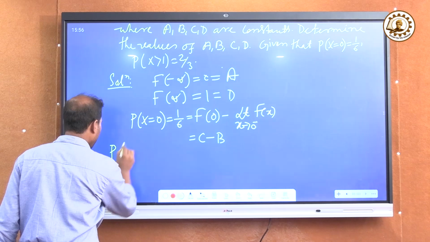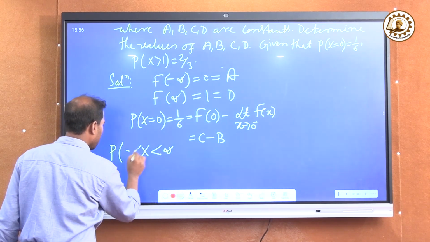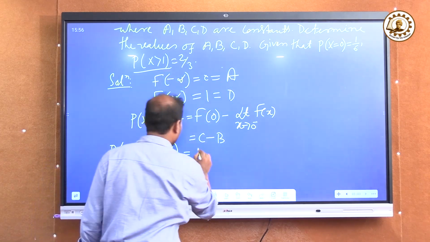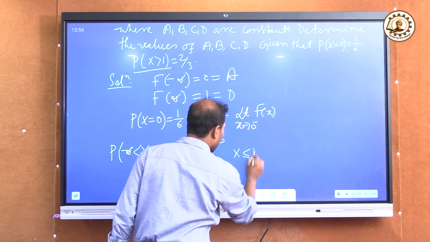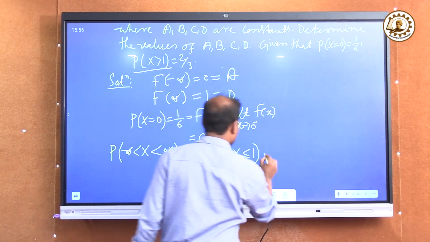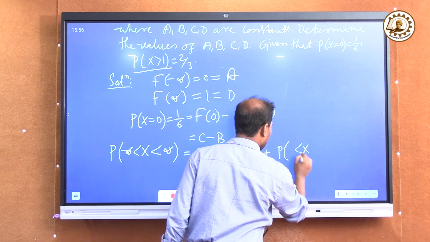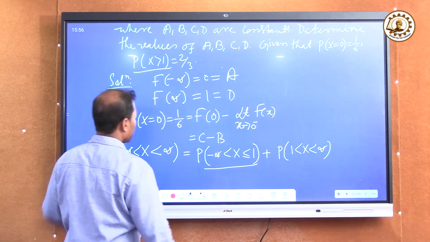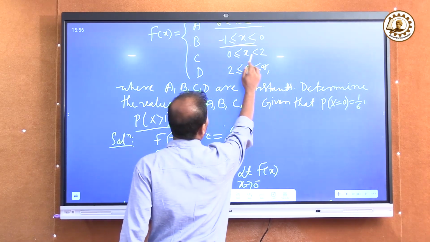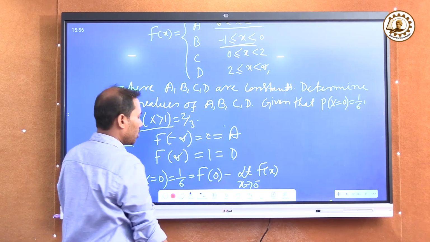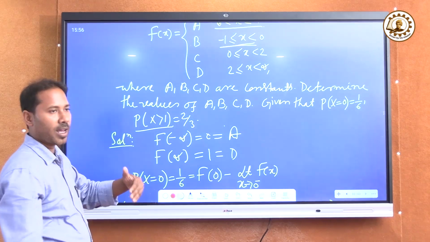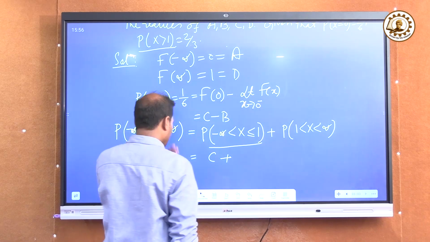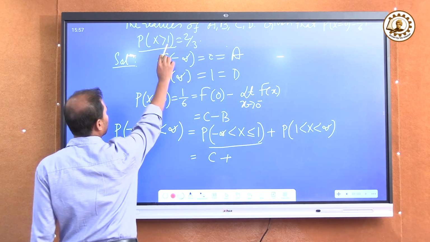Again, we can use another given condition. We can write the probability of X less than or equal to 1 plus the probability of X strictly greater than 1 equals the total probability. Since 1 lies between 0 and 2, the probability of X less than or equal to 1 is c, and the probability of X strictly greater than 1 is 2 by 3.